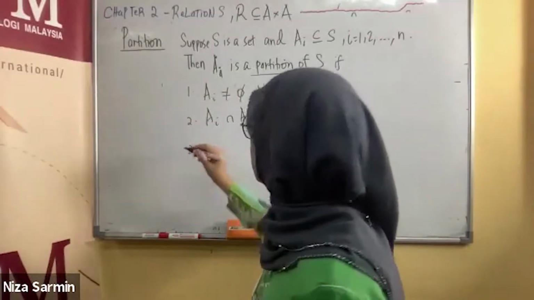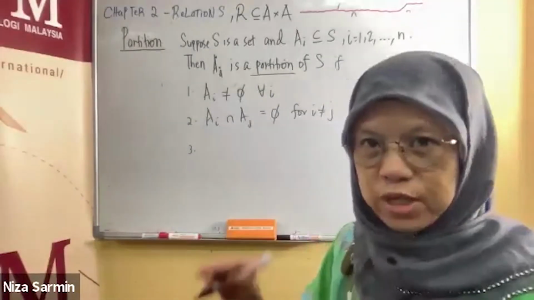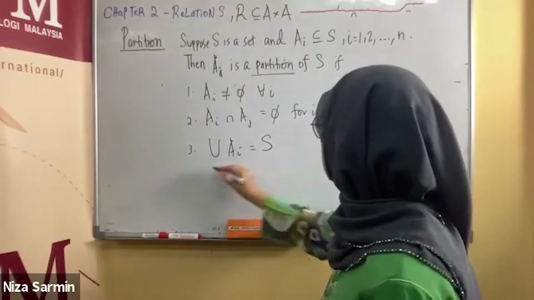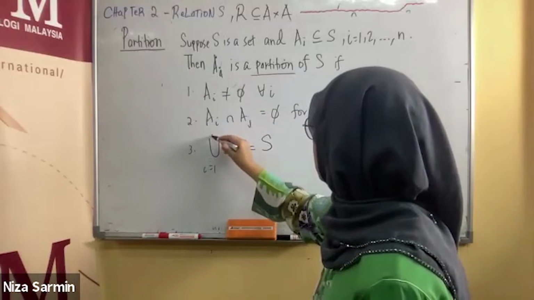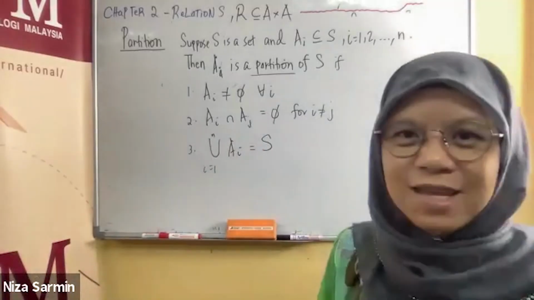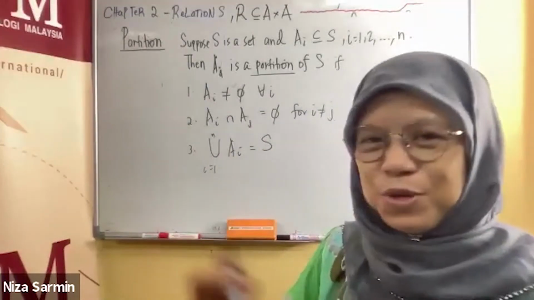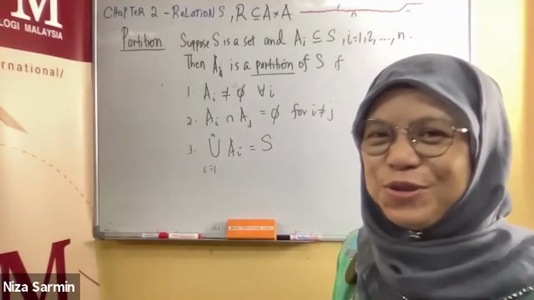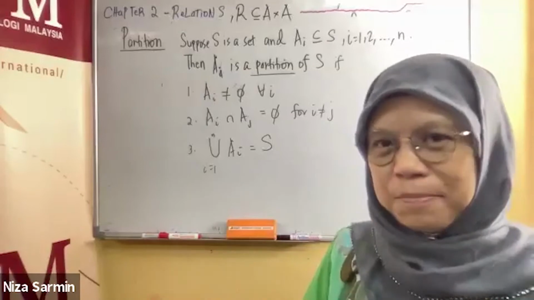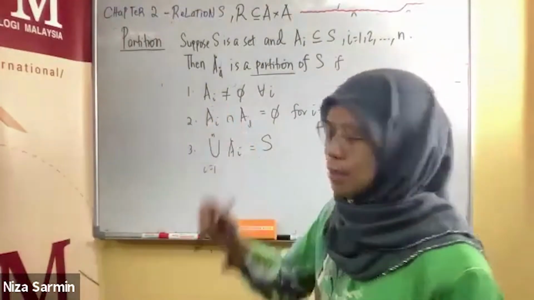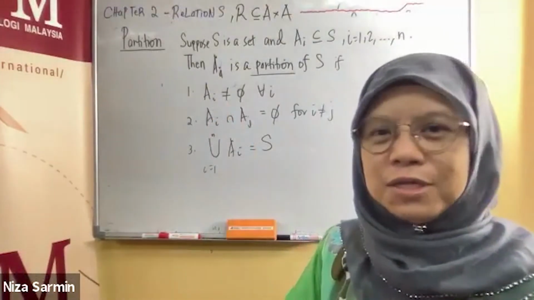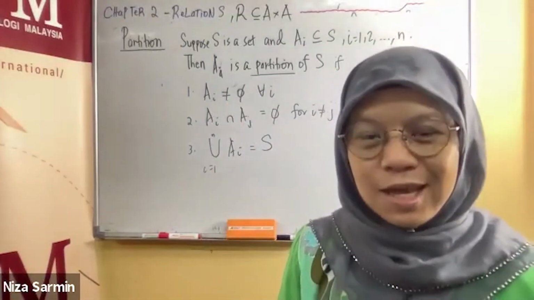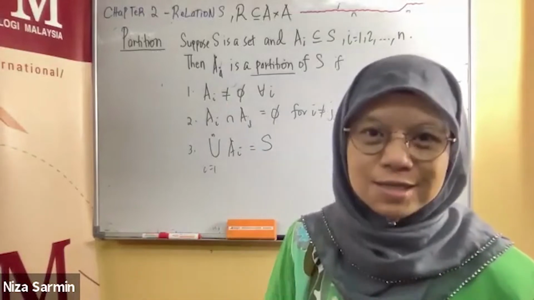And their union is the whole set. We are mathematicians, we don't get scared with the symbols, right? This is how you make things simpler, in which you can write out each subset is not empty, they don't intersect, and the union is the whole set.